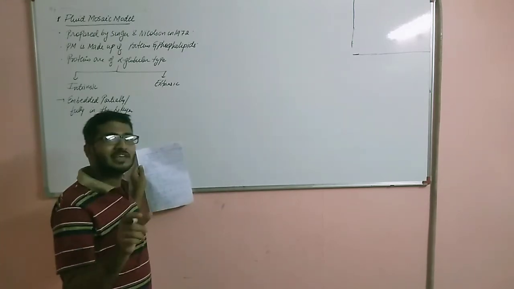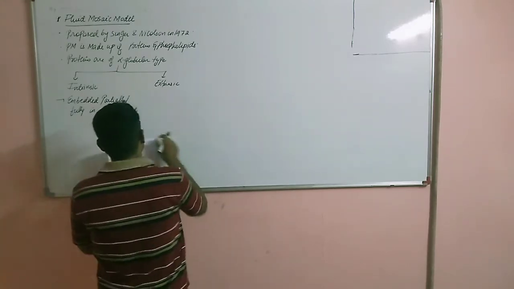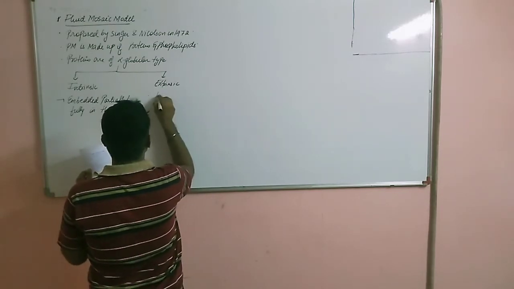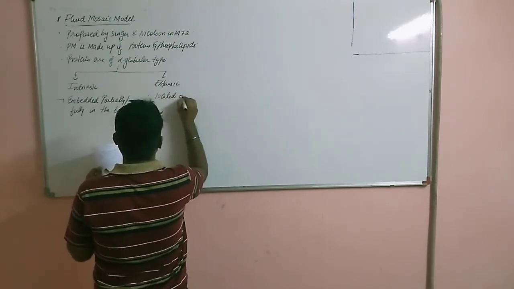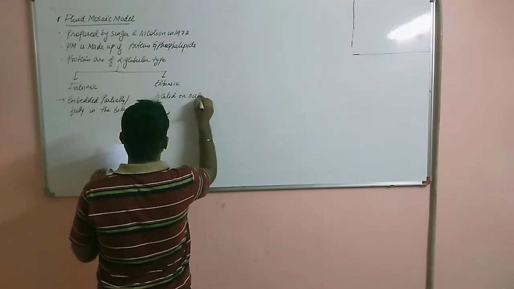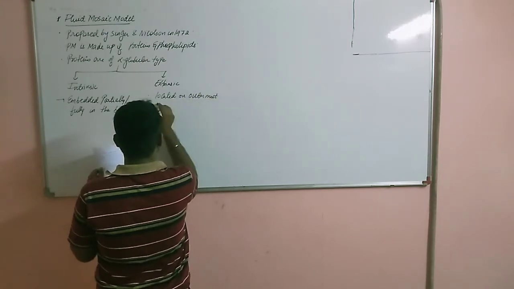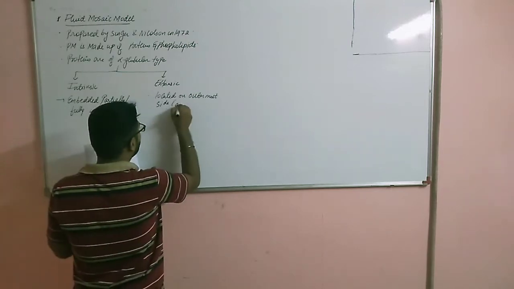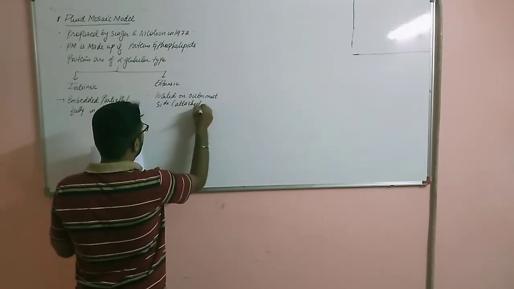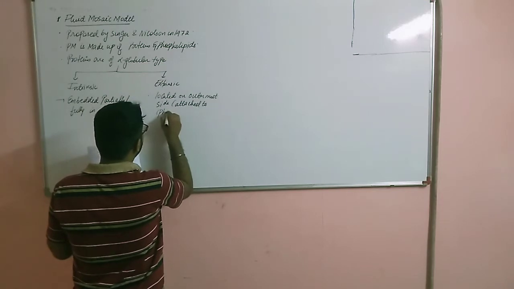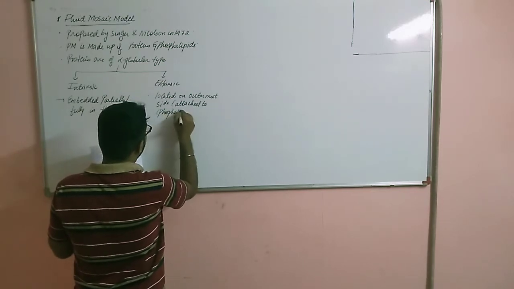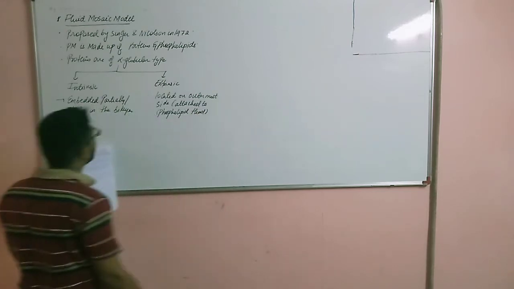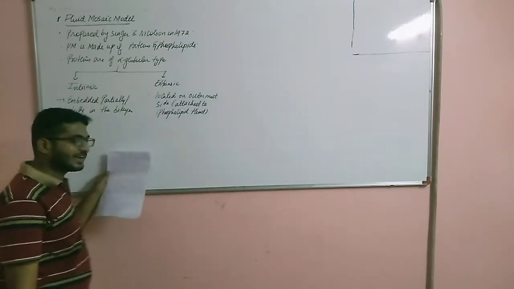That is, they are attached to the head region, so they are located on the outermost side, attached to the phospholipid head region. The attachment is again a loose kind of attachment.